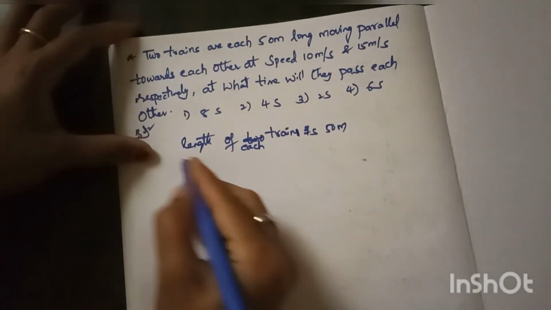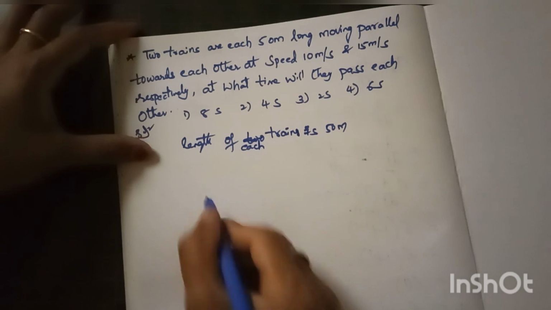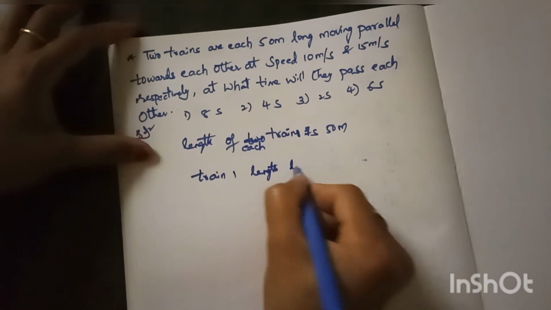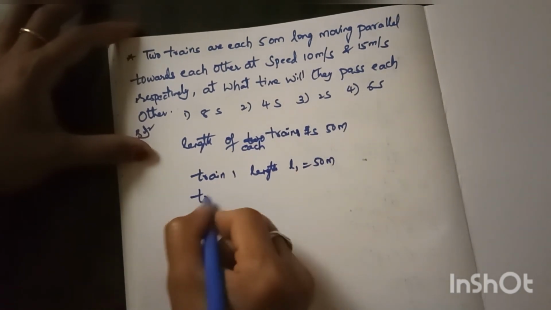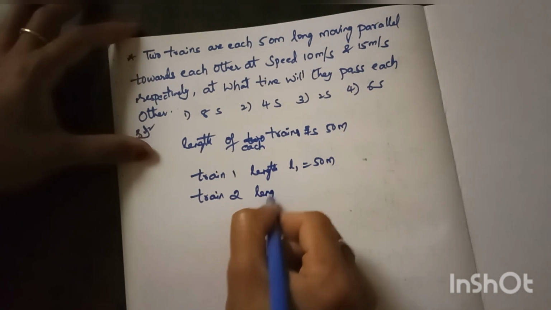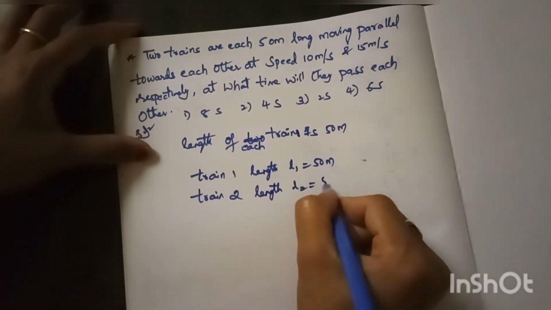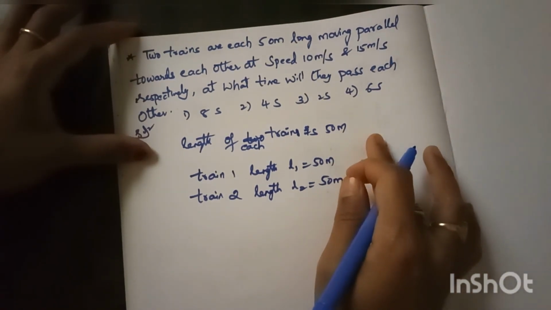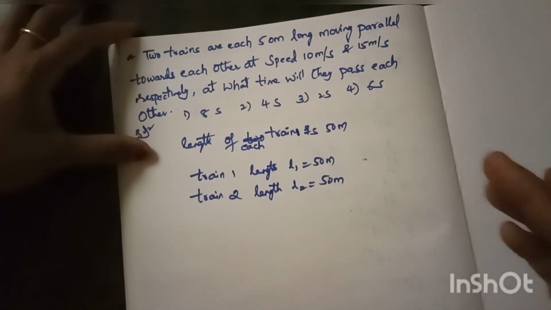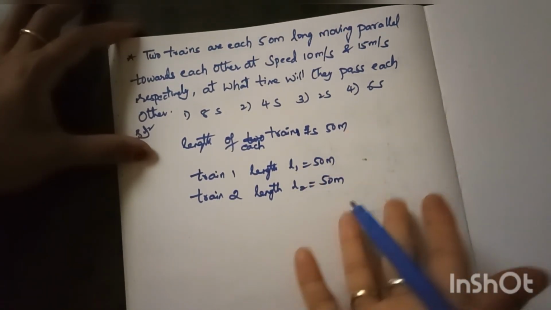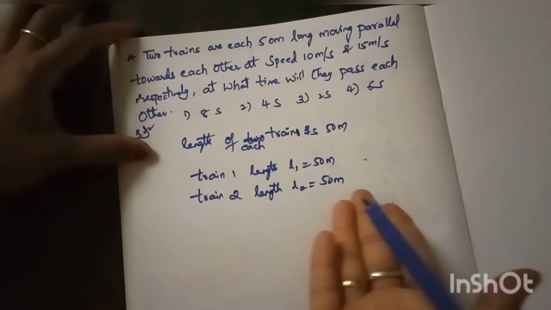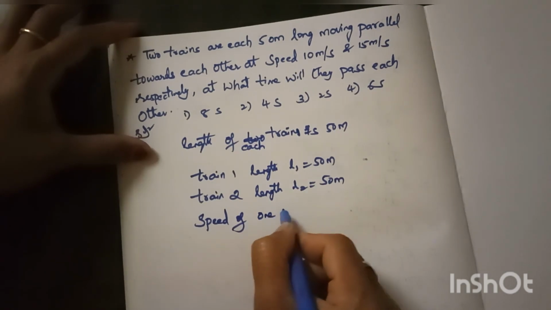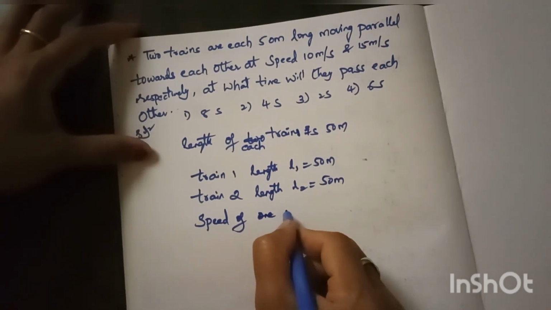What they have given: the length of each train is 50 meters. So train 1 length L1 is equal to 50 meters, and train 2 length L2 is equal to 50 meters. Each train length is 50 meters, and they are passing parallel to each other.